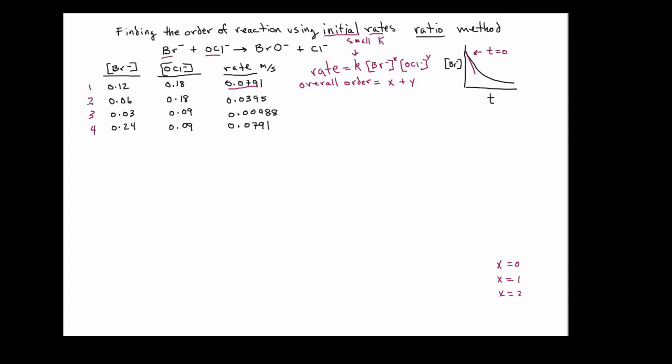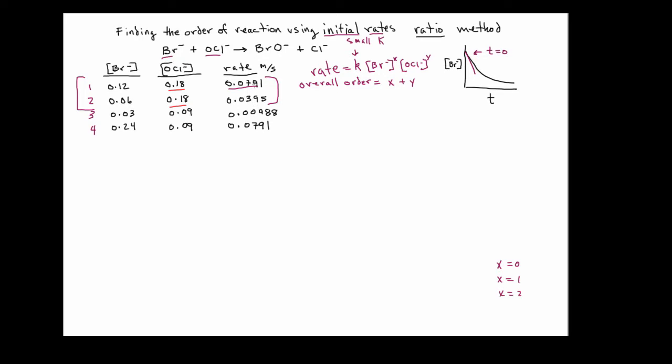So first we're going to utilize experiment number 1 and experiment number 2, because in experiments 1 and 2 you see that the concentration of OCl minus is constant, but the concentration of Br minus was different in the two separate experiments.